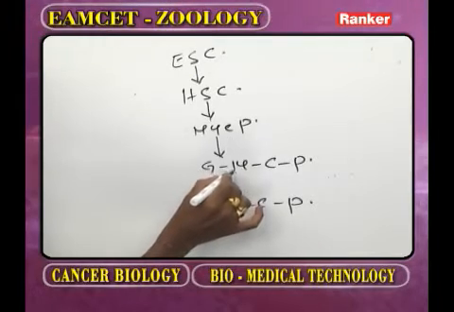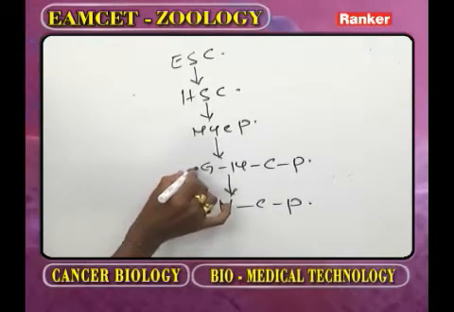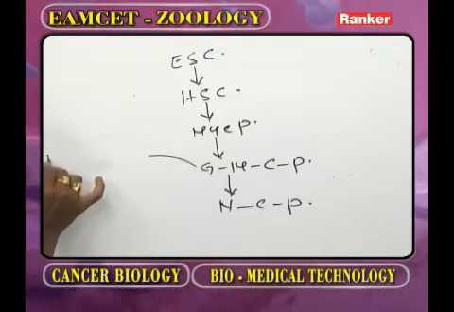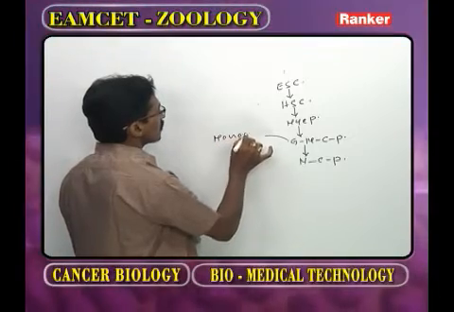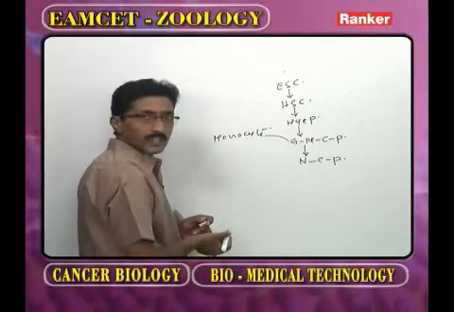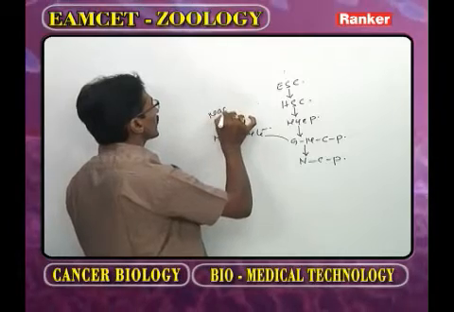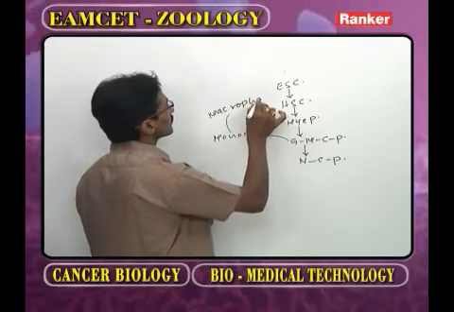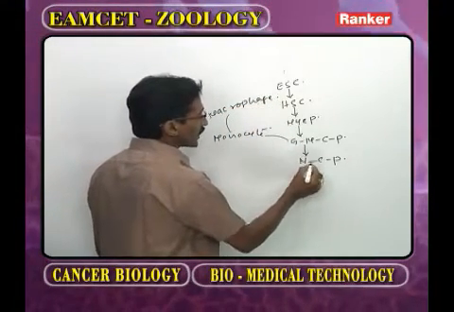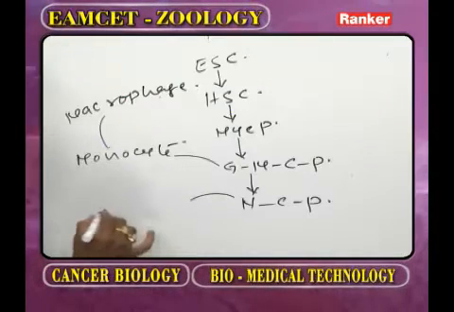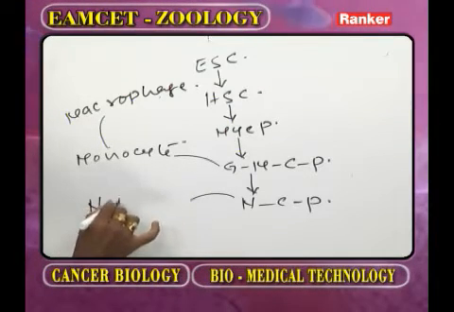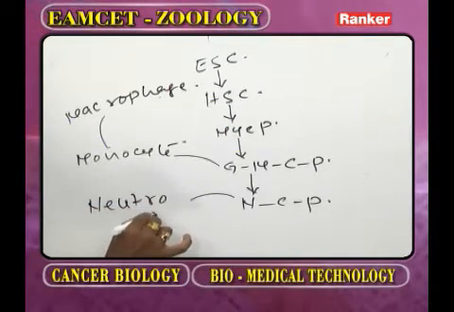The granulocyte monocyte committed progenitor gives rise to functional monocyte. The monocyte enters into tissues and becomes macrophage. What about the neutrophil committed progenitor? It gives rise to the functional neutrophil.